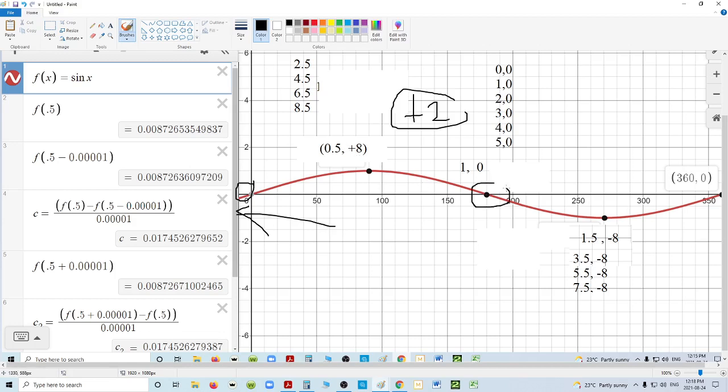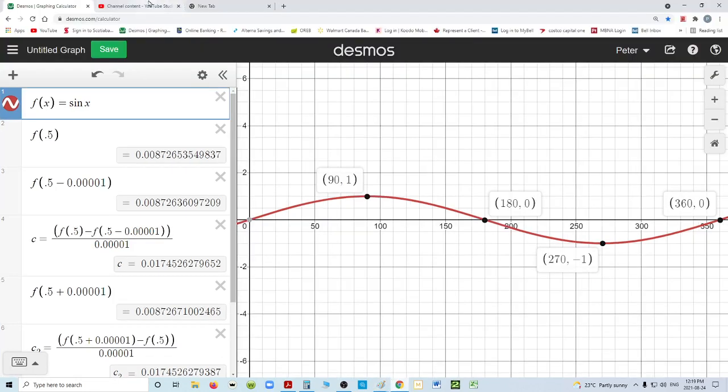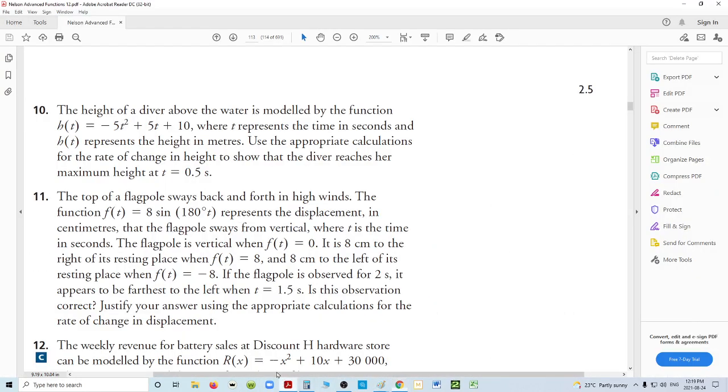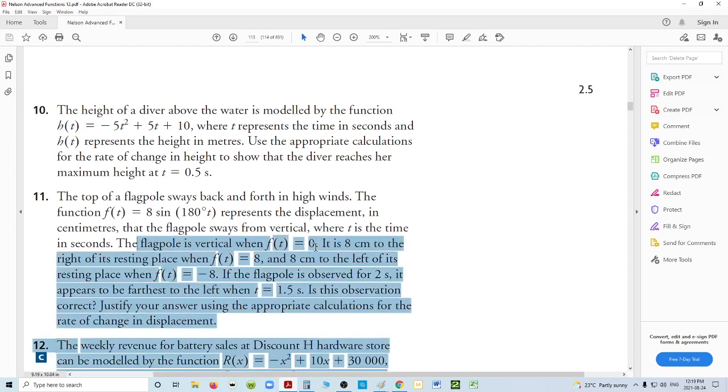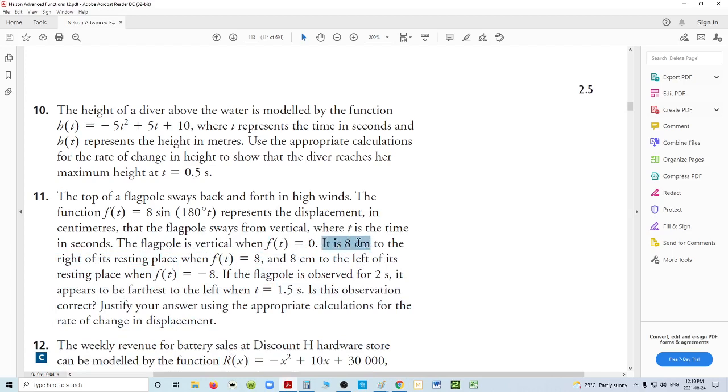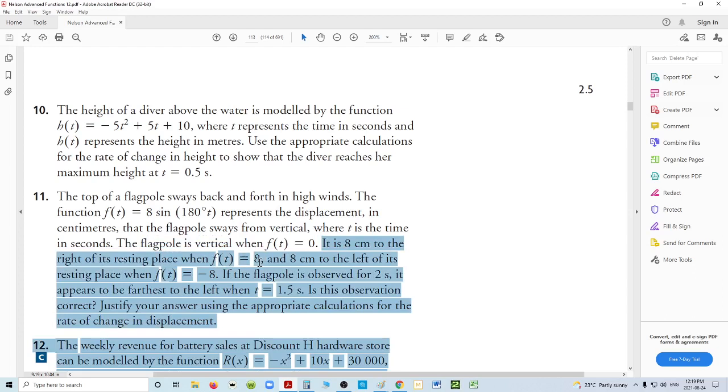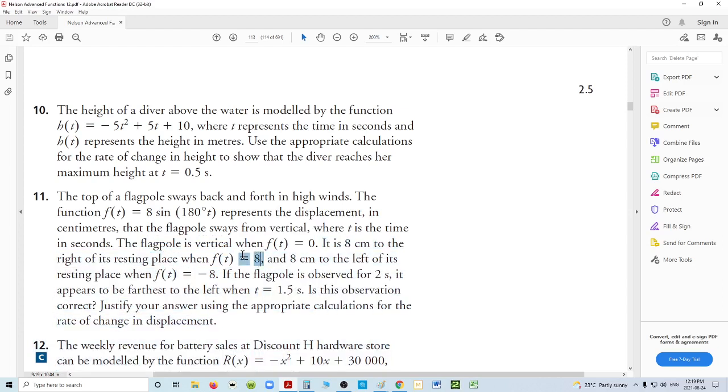So whenever it hits 0, that's vertical, and the flag either is going to sway one direction or the other direction as it flaps in the wind. The question is up left or is up right? The flagpole is vertical when f of t is equal to 0, so they're telling us the axis. It is 8 centimeters to the right at its resting place when f of t is equal to 8, which we know is a maximum. So that means the maximum is considered right.